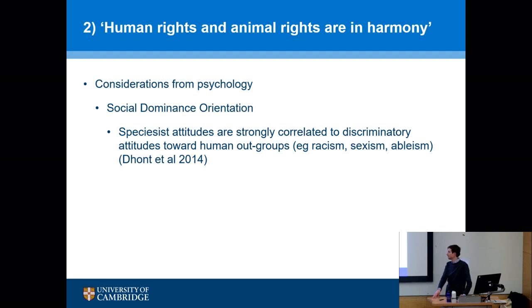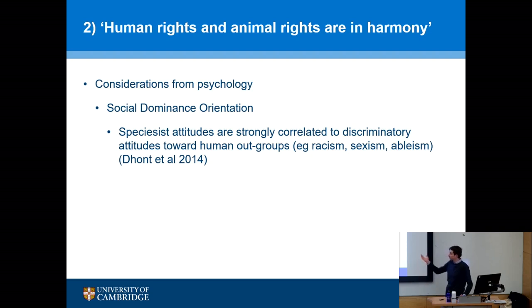In other words, research shows that if you are saying that only humans matter, you are not more likely, as perhaps intuitively we would think, to protect vulnerable human groups. You're in fact less likely to do so.